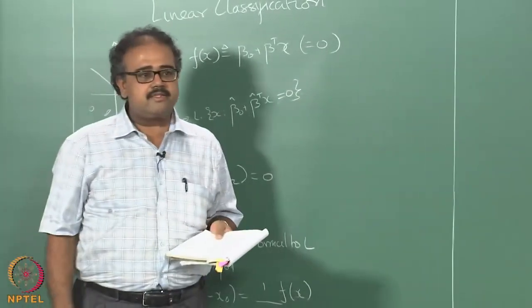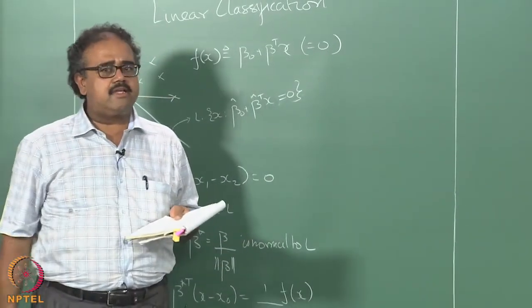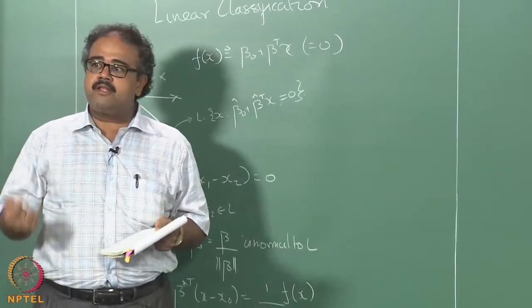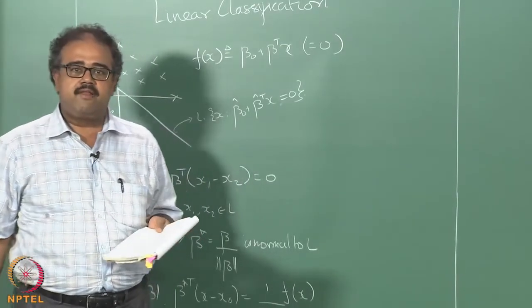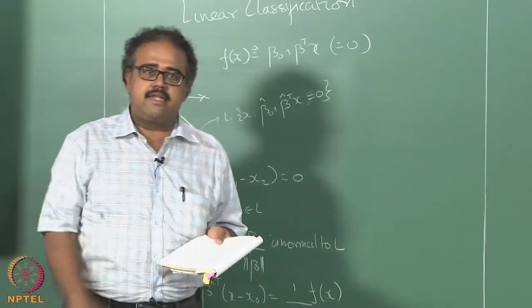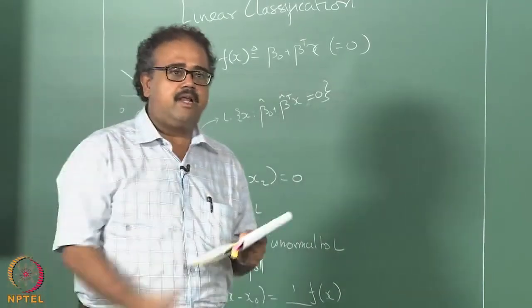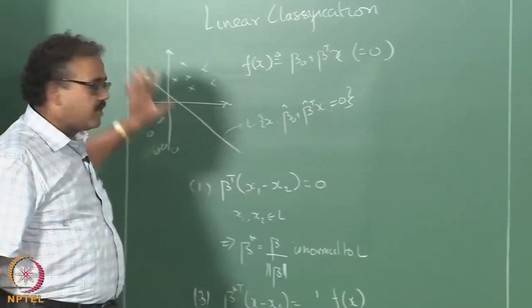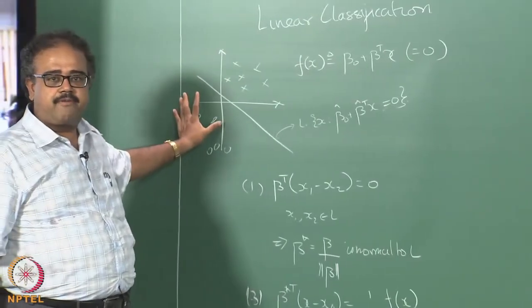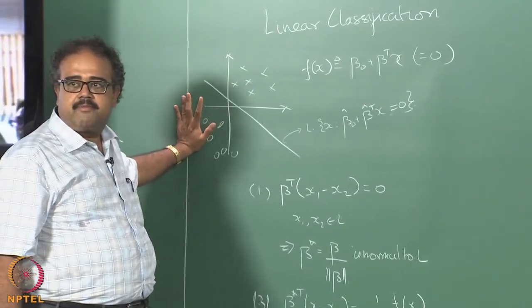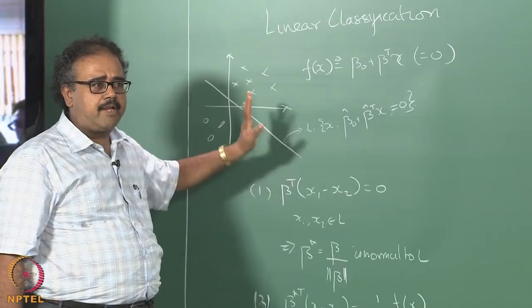So now what we are going to try and do is characterize a specific optimal solution. We will first start by considering the case of linearly separable data, just like what I have drawn here, where the data points given to you are perfectly separable by a hyperplane.